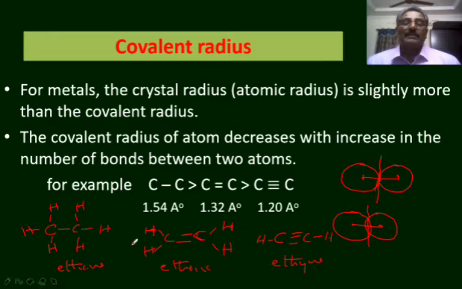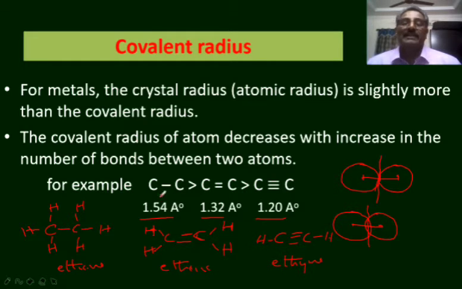The carbon-carbon bond is different in the three compounds. So the length of carbon-carbon single bond is experimentally found to be 1.54 angstrom units. The length of carbon-carbon double bond is found to be 1.32 angstrom units, and the length of carbon-carbon triple bond is found to be 1.20 angstrom units.